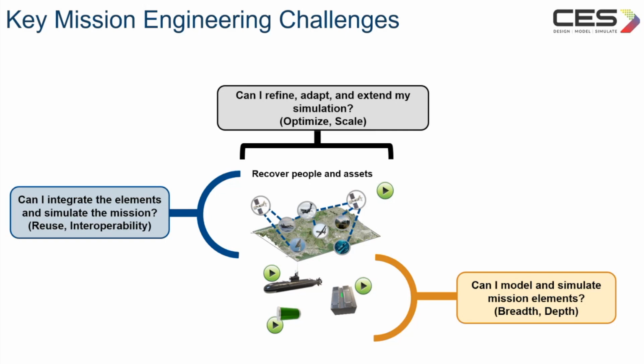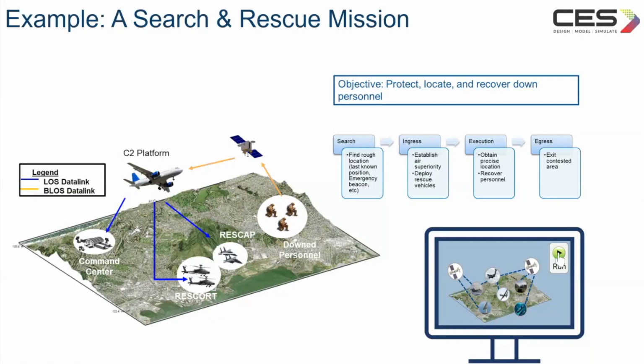Engineering hours as well. A good example, as I mentioned, is a search and rescue mission from a mission engineering system perspective. The mission objective is to locate and recover downed personnel, right?